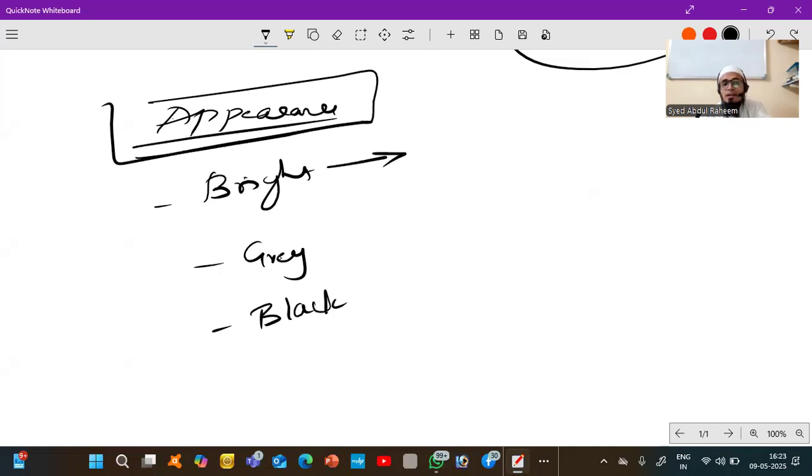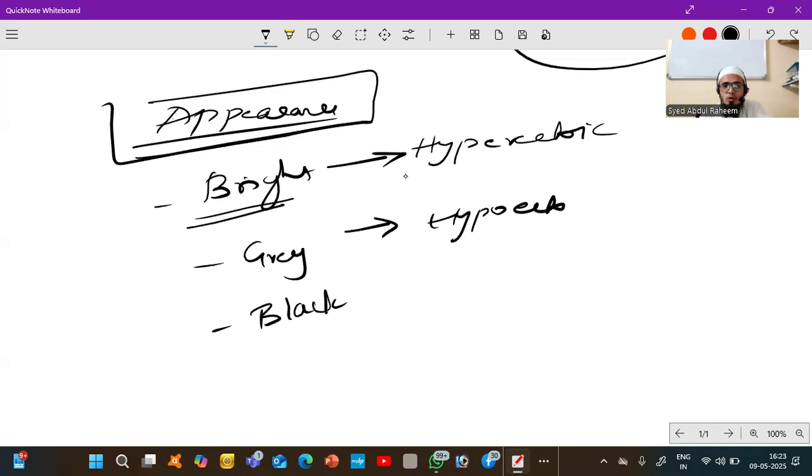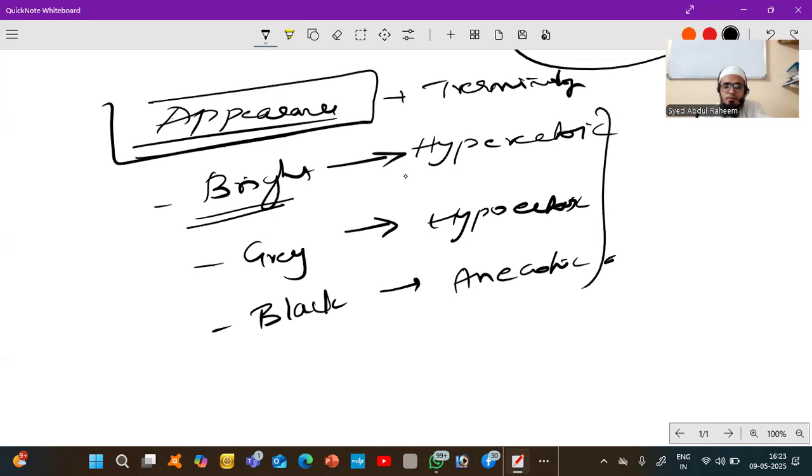For bright color, the terminology is hyperechoic, and gray color is hypoechoic, and black is anechoic. So these are the terminologies we use for the colors. What does it mean?